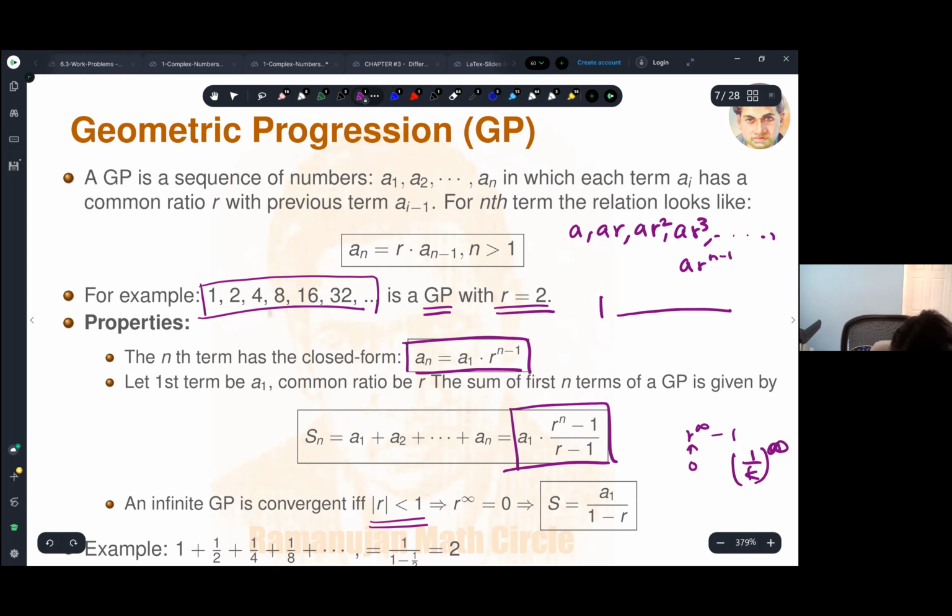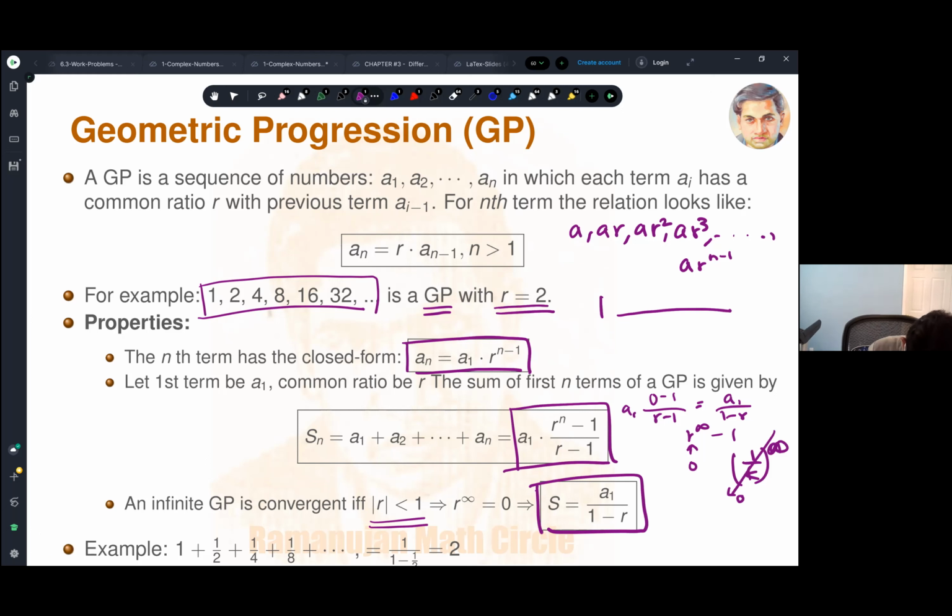You know that if you keep on multiplying a fraction less than 1 by itself, it just keeps getting less and less, so this eventually gets to 0. And so all this is (0 minus 1) divided by (r minus 1) times a1, and that would be a1 over 1 minus r. That's where we get our nice formula from.